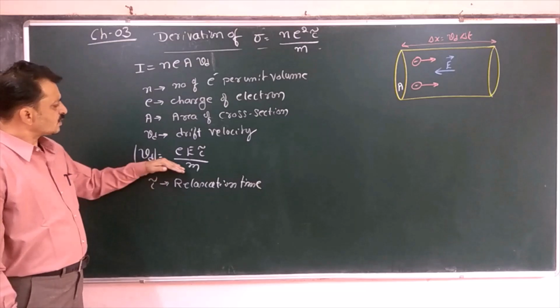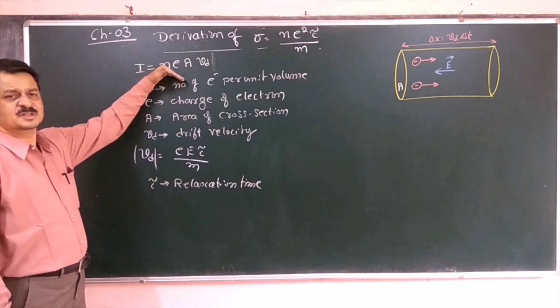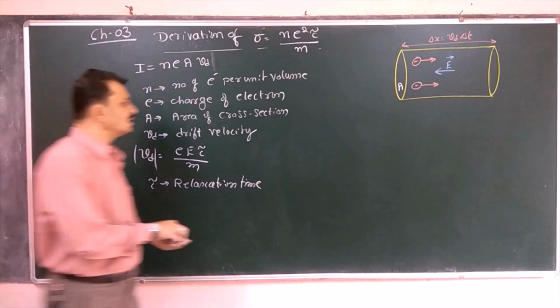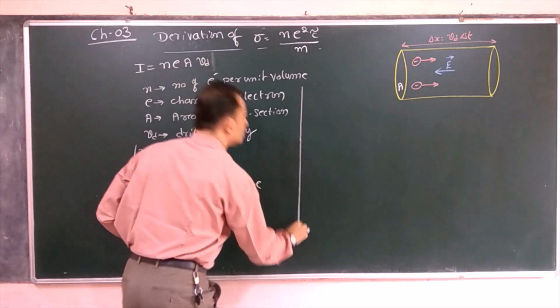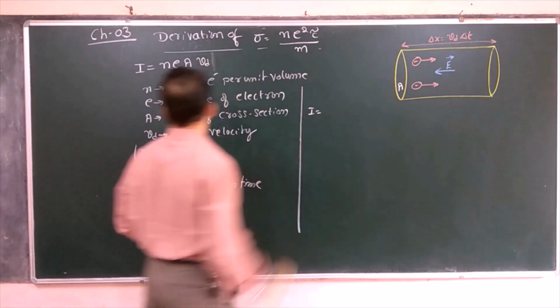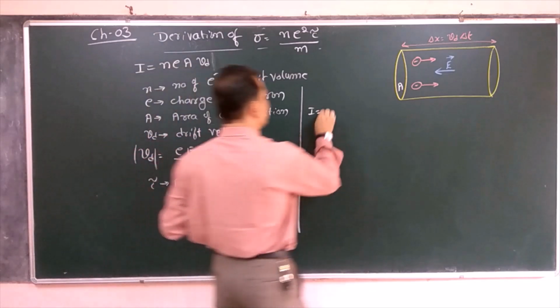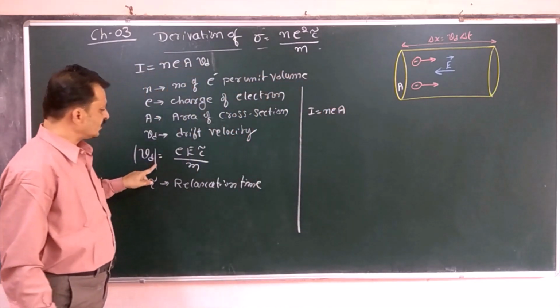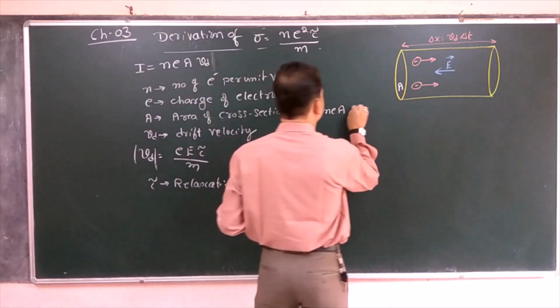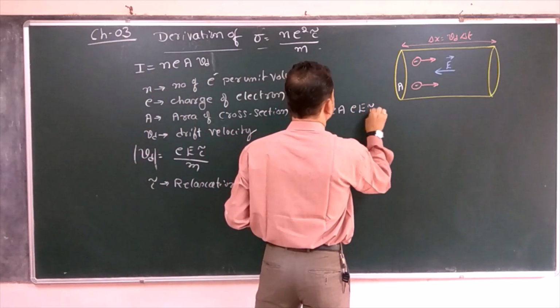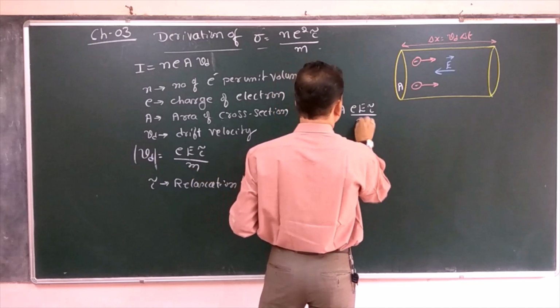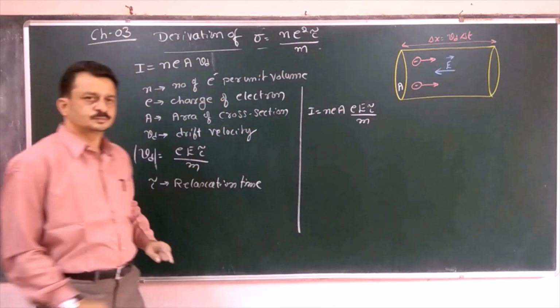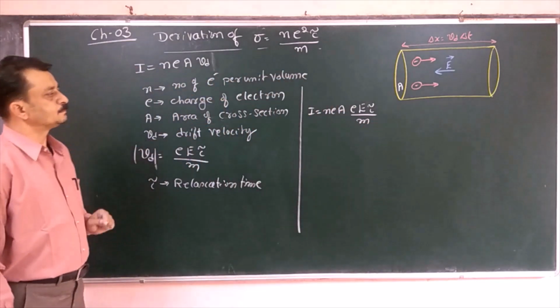Now substitute this relation in the expression for current. What will I get? I is equal to n e A Vd, and Vd is, taking the magnitude, E e tau divided by m.